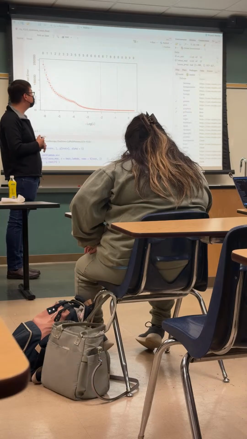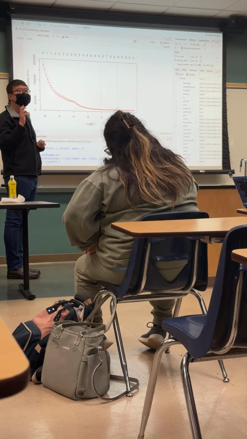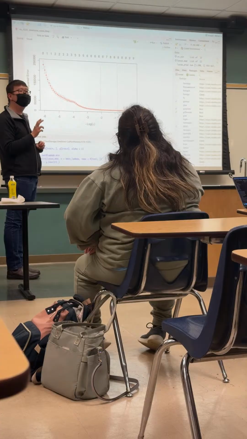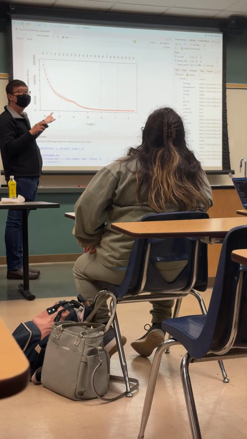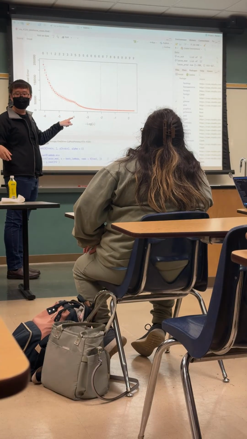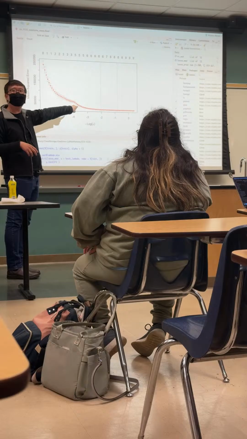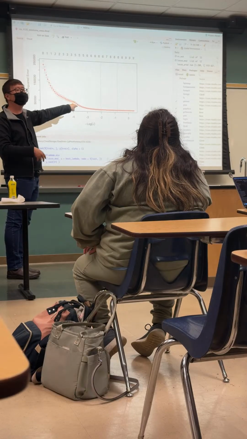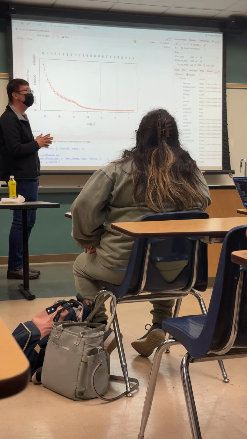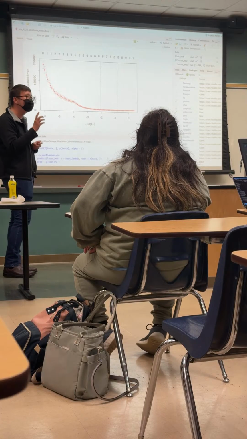Second question: which version of the graph will show up on the final exam? I updated my computer over the weekend, and I changed the graph. So this version of the graph will show up on the final exam. Why? Because it's the newest. So we'll put the newest version of the graph on the exam.